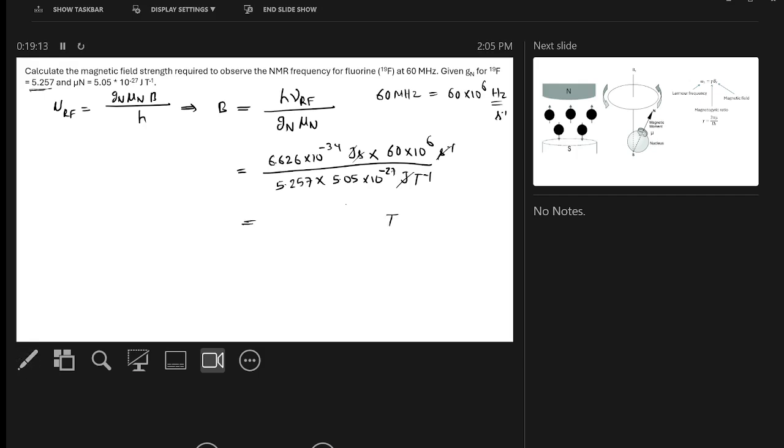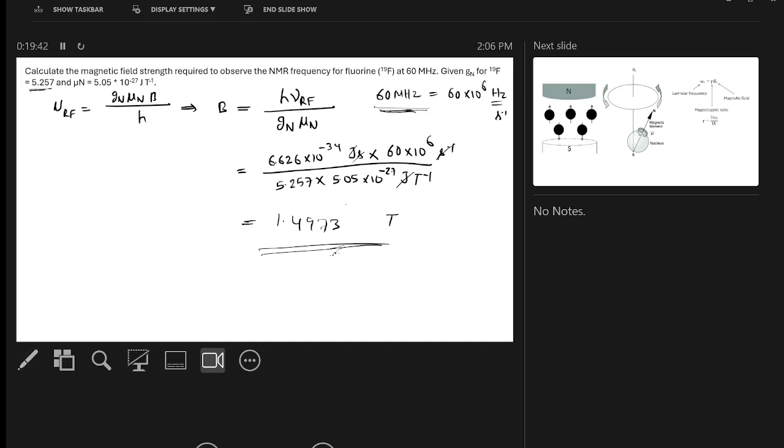The value you will get is 4.973 Tesla. So for hydrogen we applied 1.4093, which is a little lower than this one, and we required 60 megahertz. Here we have to apply a little higher magnetic field for the same radio waves.